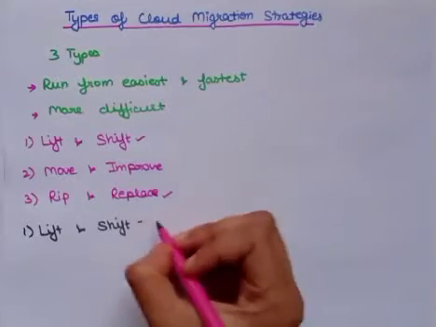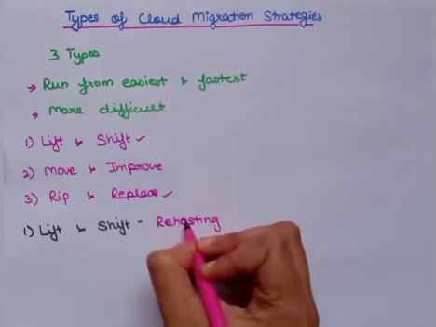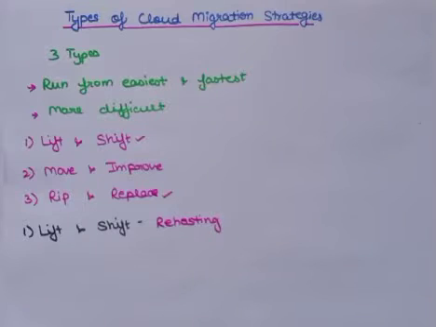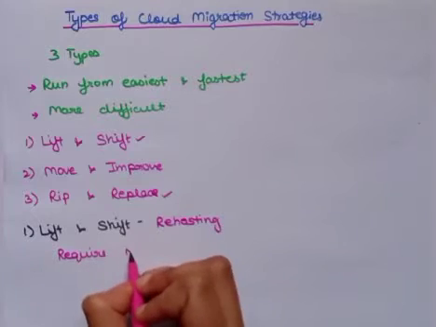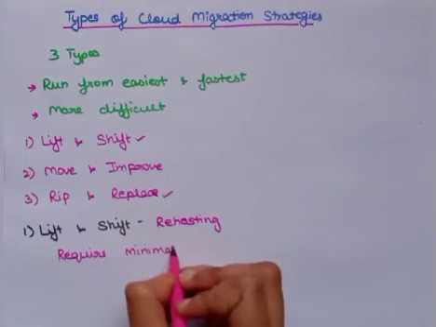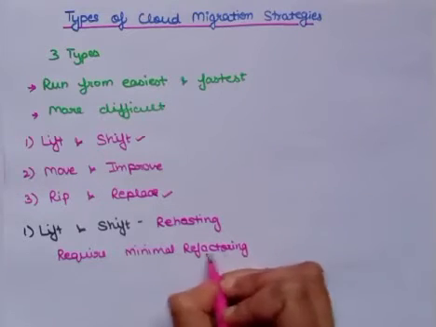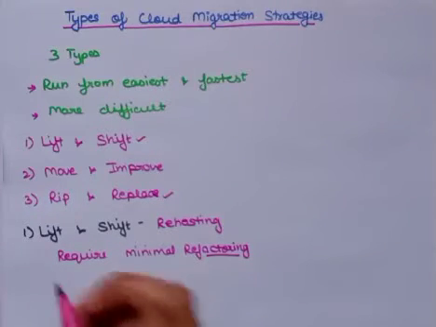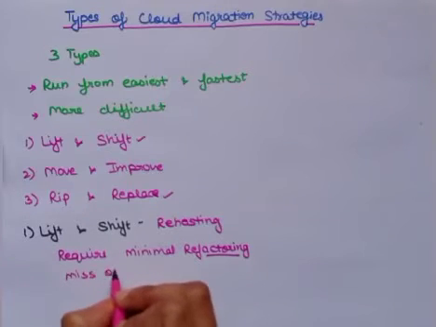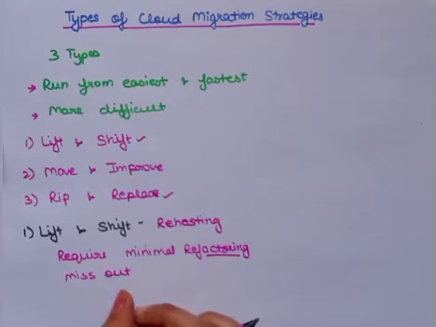This stage is also known as the rehosting stage, right? It is quick and requires minimal refactoring. We have discussed refactoring in detail in the previous video, but the downside of lift and shift includes the fact that you may miss out on benefits you would see if going cloud native, right?